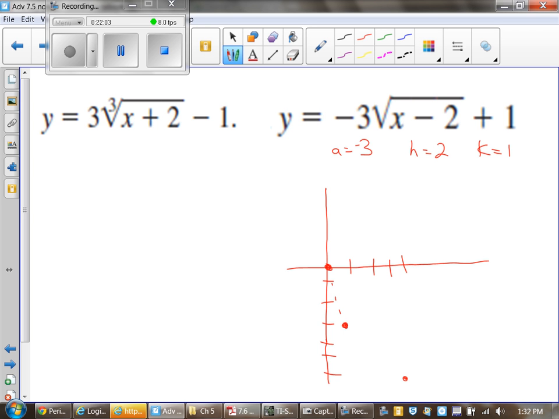So it looks like this. Those 3 points, I'm going to move them to the right 2 and up 1. Right 2, up 1. Right 2, up 1. Right 2, and up 1. And there's my new graph.